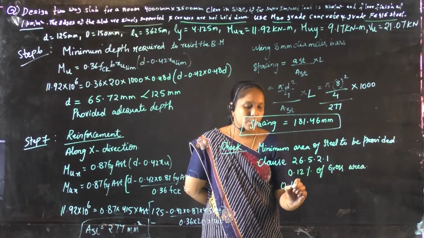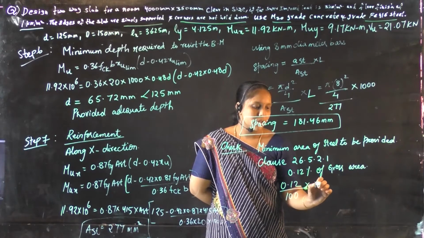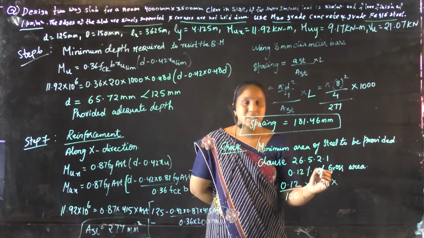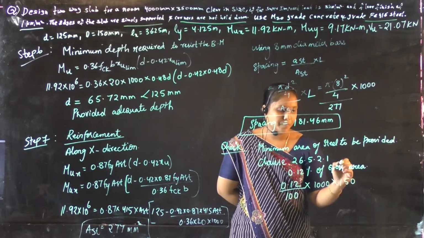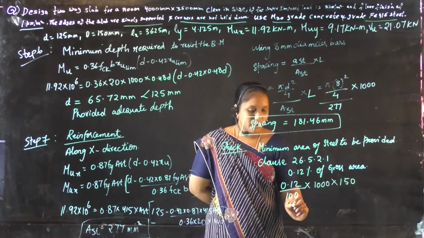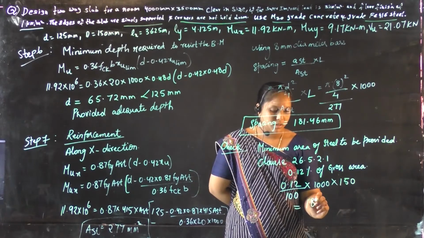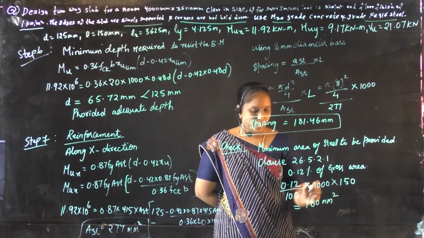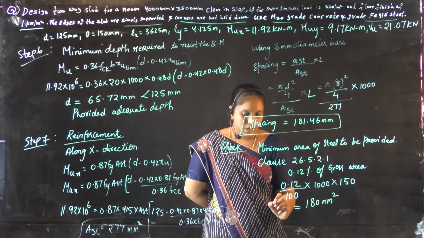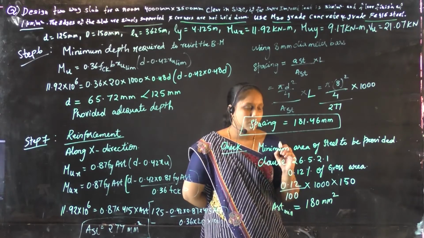So 0.12 divided by 100 into B, which is 1000, into D, which is the overall depth, 150 mm. If you solve this, you will get a value of 180 mm square. So this is the minimum area of steel which we have to provide.